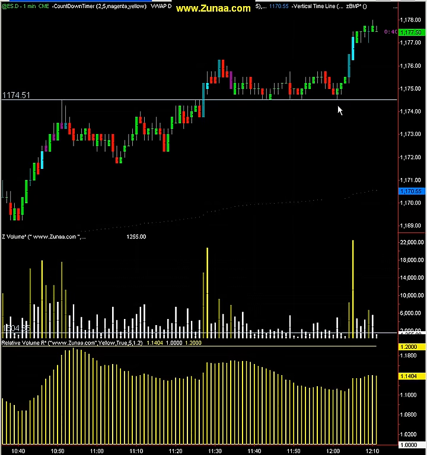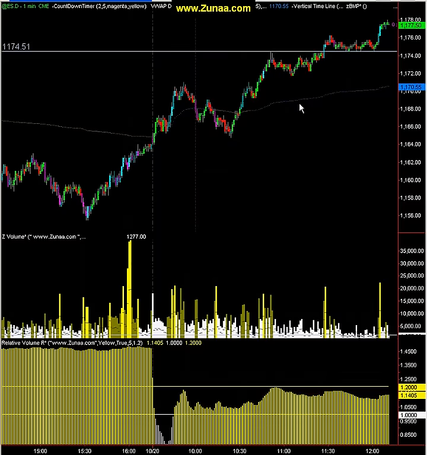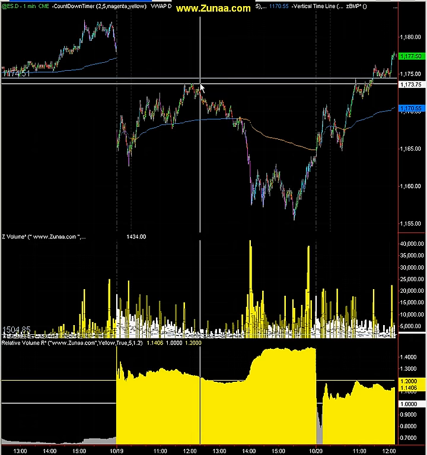And if you add even more context to the trade, what happened yesterday? We opened up, we tried to rally, we couldn't, the market had no breadth, we sold off. Put in a high, we open up here, put in a low, we come up to test yesterday's high, and we broke above it.